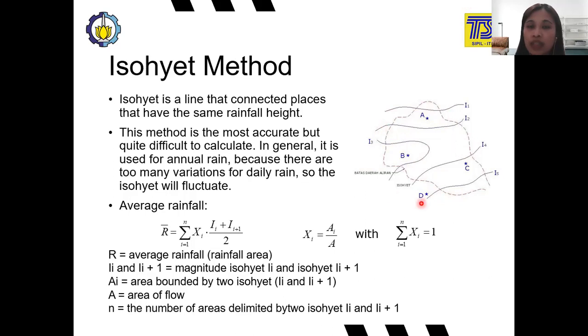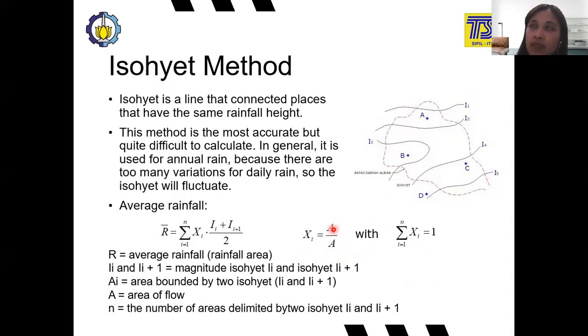And to average this data, we have to calculate it by using this equation with x equal to A1 divided by total A. Here is the area. For example, x1 is the area cut by isohyet line number 1 divided by the total area of this watershed.